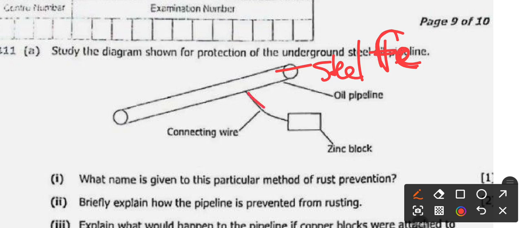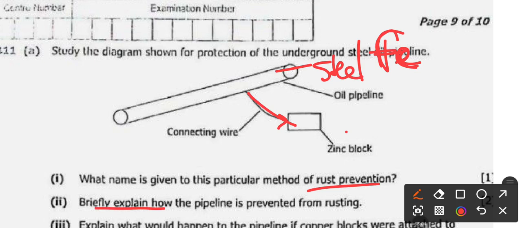This pipeline is connected to a zinc block, and this particular method of rust prevention is called sacrificial protection.